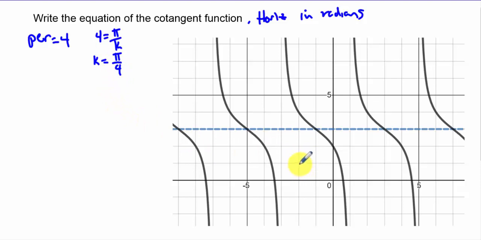Now, normally I have an asymptote at the start of cotangent. Well, I look at my asymptotes here, and I could either say I've got an asymptote at 1 or an asymptote at -3. I'll just go with the asymptote at 1, let's say. Pop that guy right there, which means my graph has shifted to the right 1. So phase shift is equal to 1.